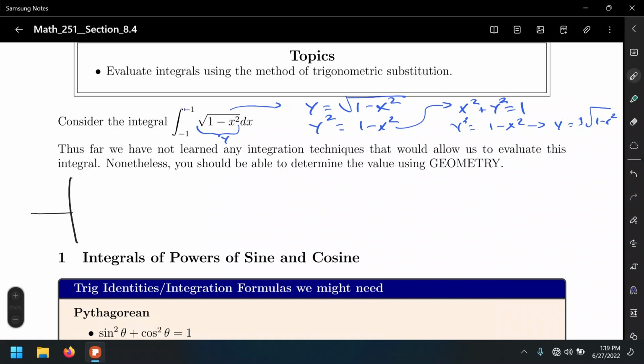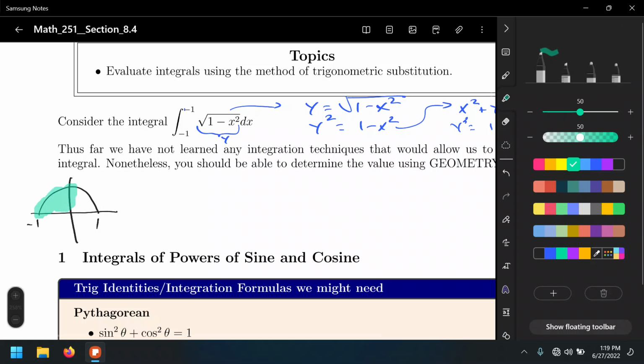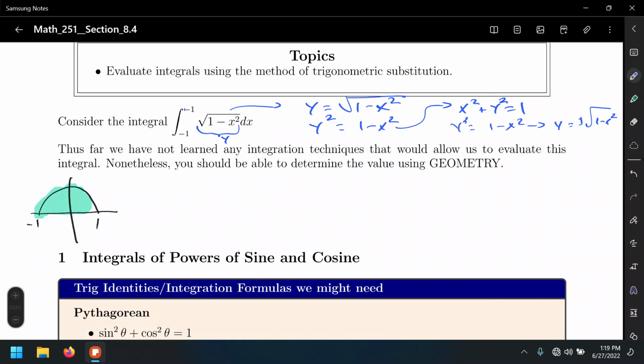So let's draw that and see what we get. All we're getting is this from -1 to 1, and that's the area that we want to find. What do we have for the area? Pi r squared. But in this case, because we're finding the area of only half of the circle, let's just multiply by 1/2.